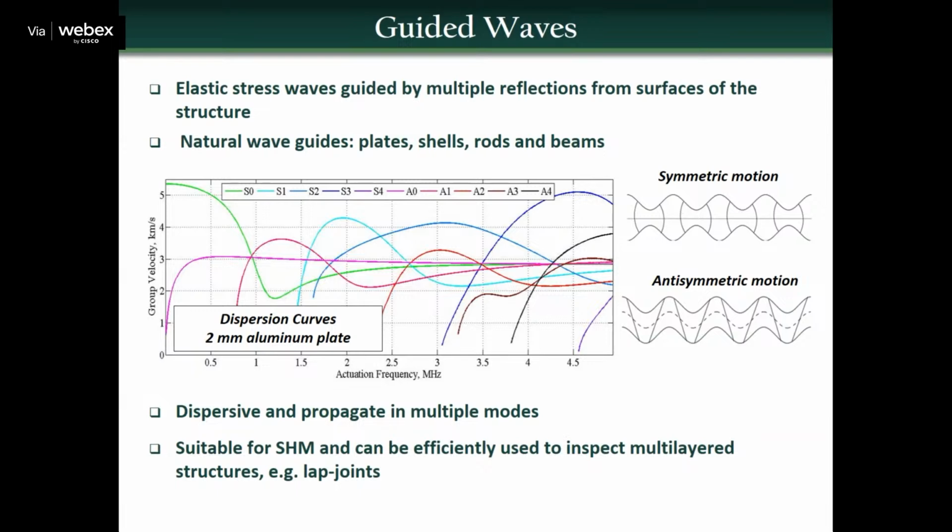This morning, we saw that we can select some preferred wave mode for the simplicity of data processing. For example, here, if you choose 500 kilohertz, then you only have S0 and A0 modes. It is suitable for health monitoring of structures, and it can be efficiently used to inspect multi-layer structures, for example, lap joints. And we've seen lap joint structures in the previous application.